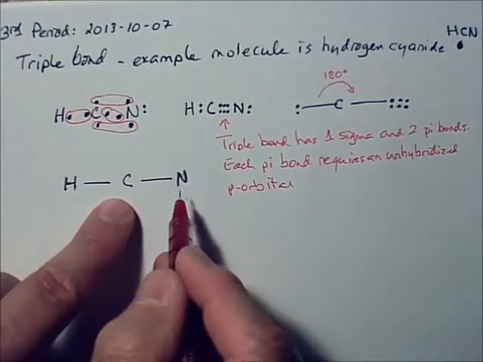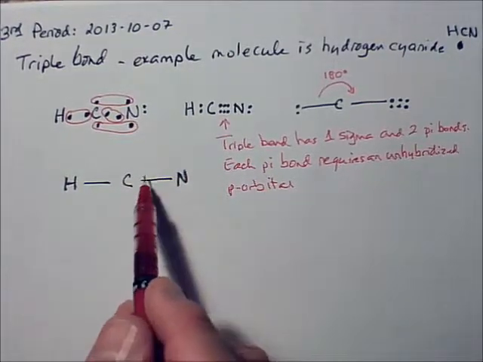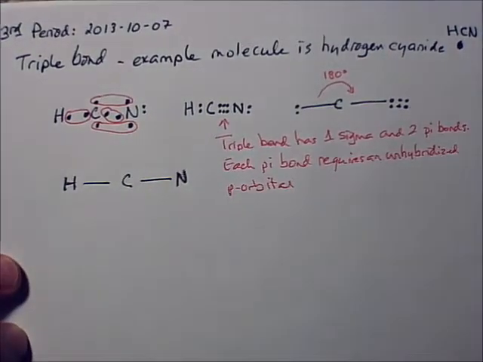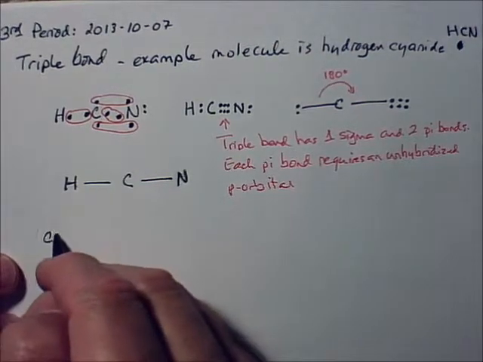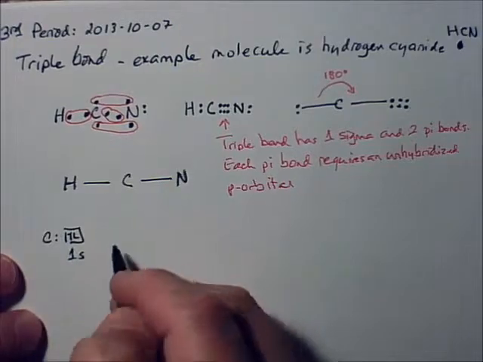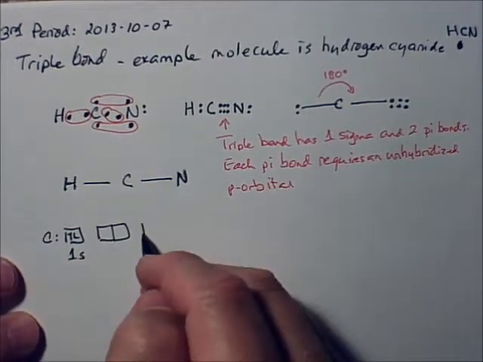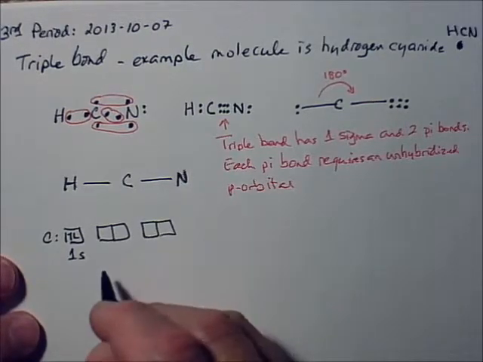So both the carbon and the nitrogen, because the triple bond belongs to both the carbon and nitrogen, have to have 2 unhybridized p orbitals. So the hybridization on the carbon has an S and P that become hybridized and 2 P's that are not hybridized.